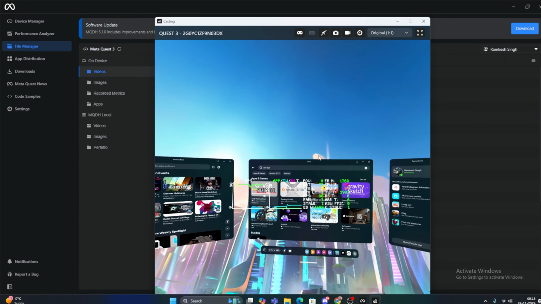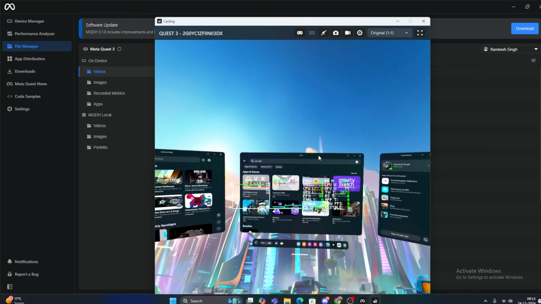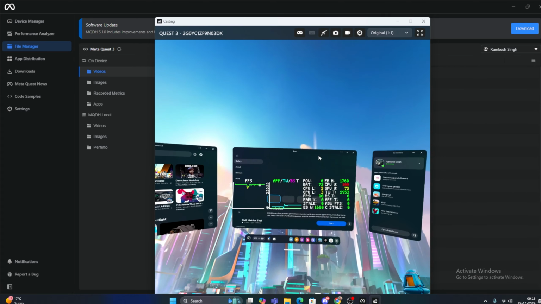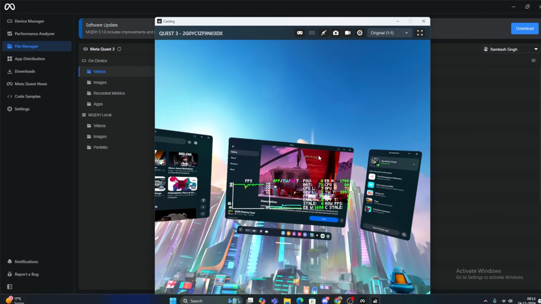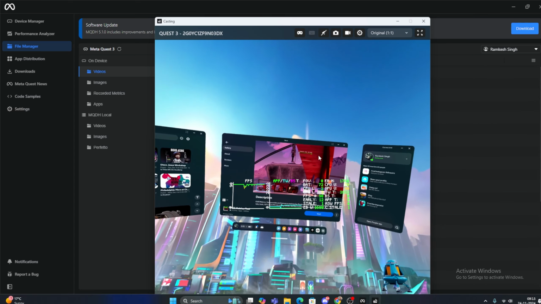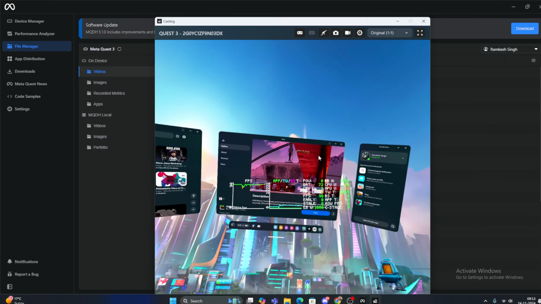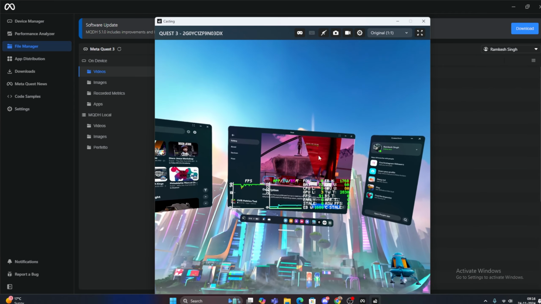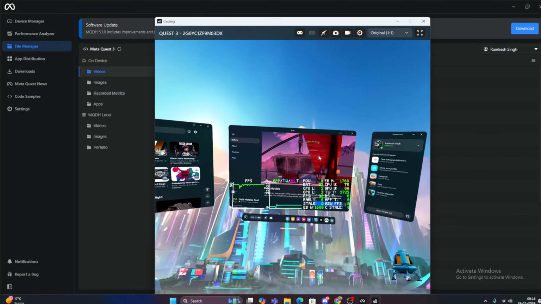Whenever you search, you can see I have already installed the OVR Metrics Tool, and you have to install this one. On my device you can see it is showing FPS, which is showing 90, stale, CPU L, GPU L, CPU U, GPU U. I will explain what all these are.